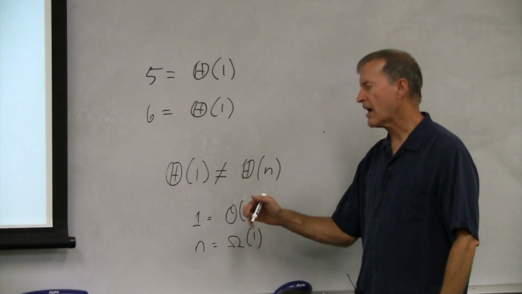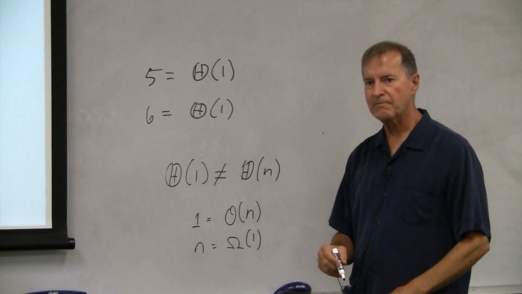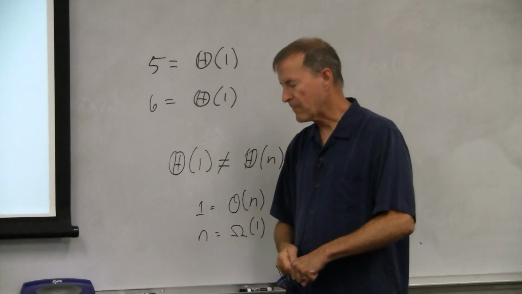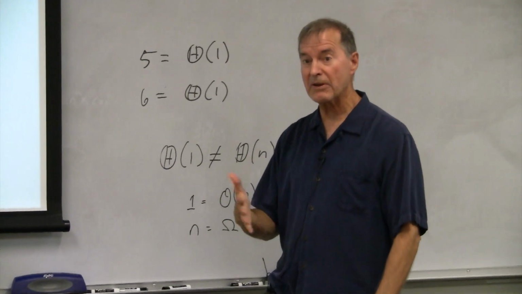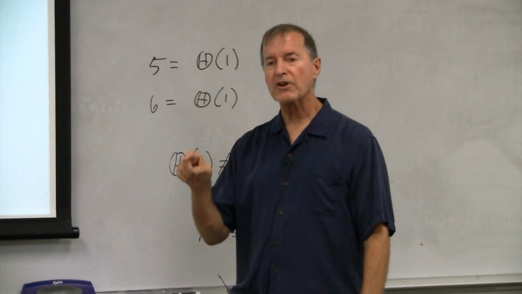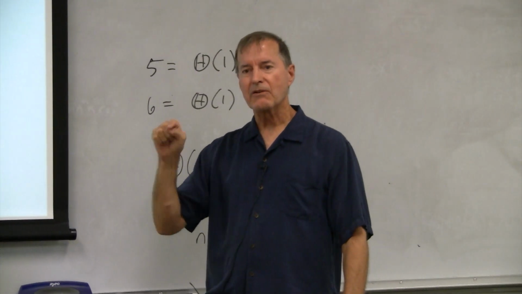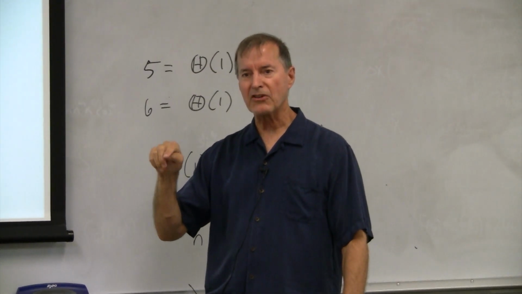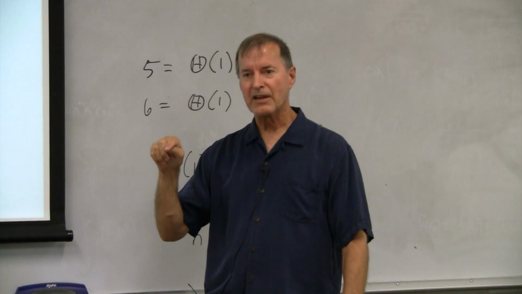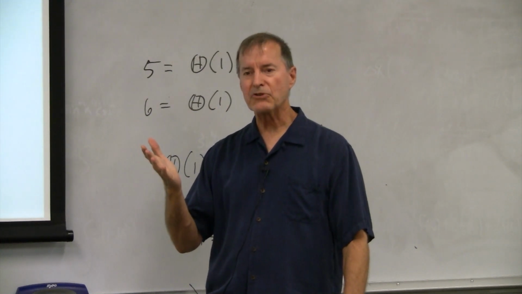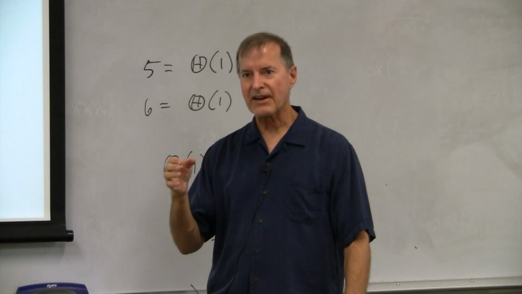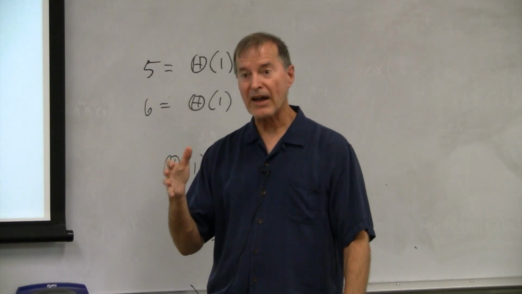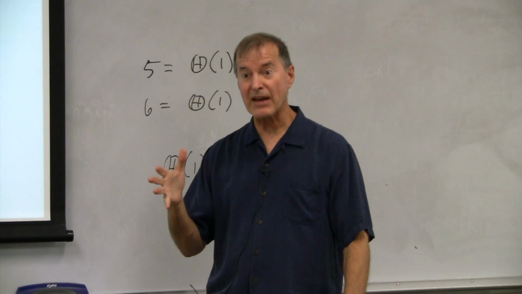If you have an algorithm that is big theta of 1, then it doesn't matter how much data there is, it will run the same amount. If you double the amount of data, it won't change. For example, if your algorithm is simply finding the nth element of an array, it doesn't make any difference if you do x gets array sub 1,000 or x gets array sub 5,000.